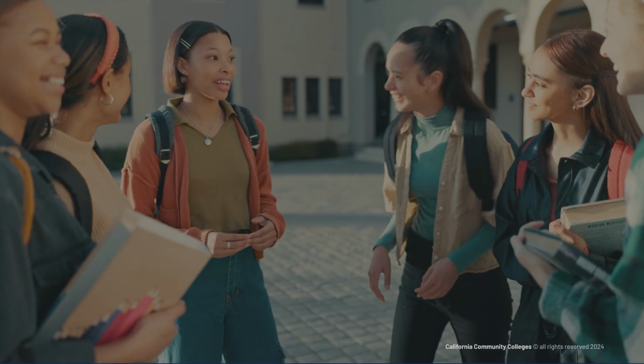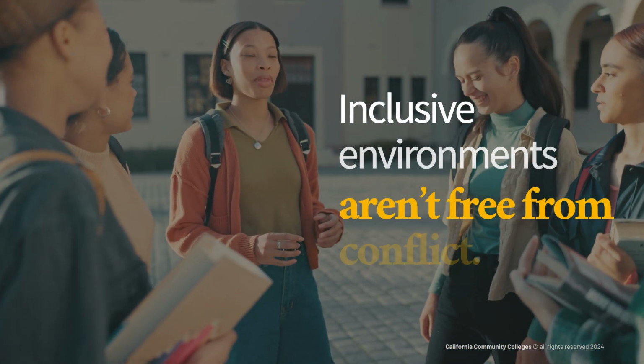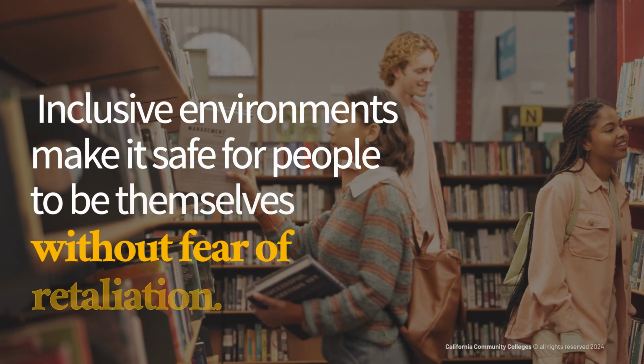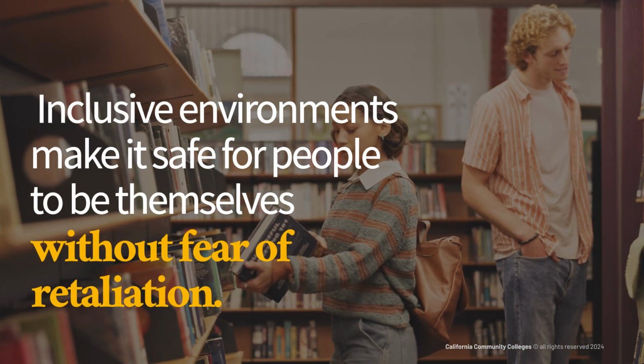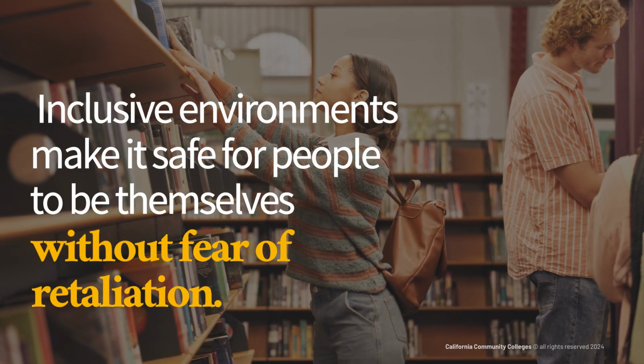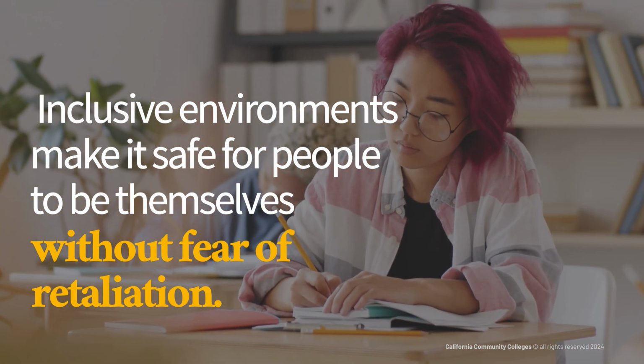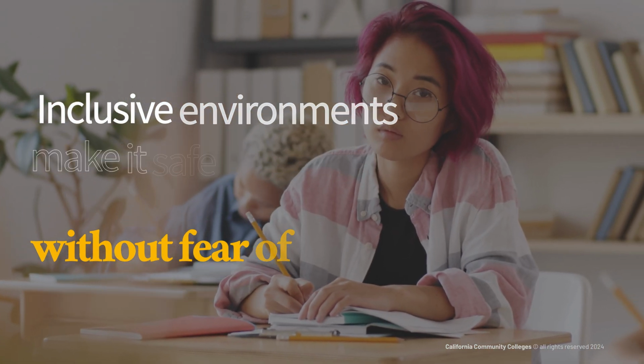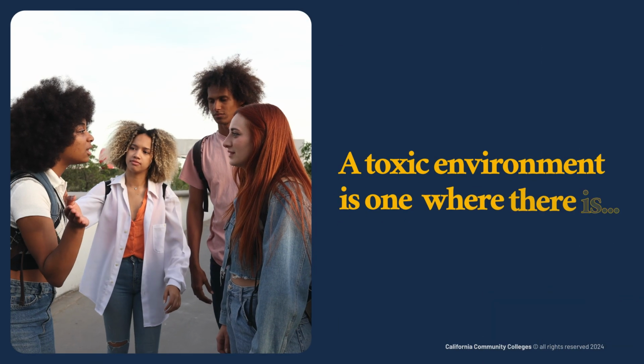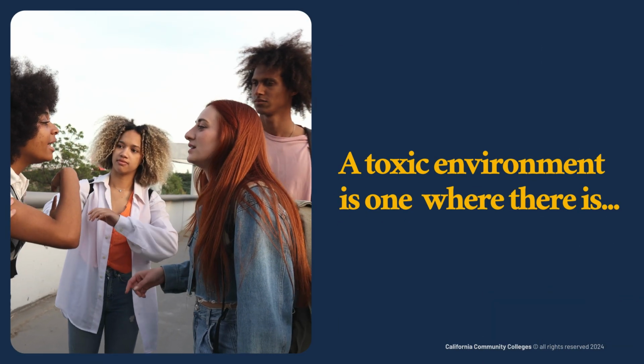Inclusive environments are not free from conflict, nor are they perfect all the time. However, inclusive environments make it safe for people to be themselves and to do what is healthy and right for themselves without fear of retaliation. The opposite of an inclusive environment is a toxic environment.